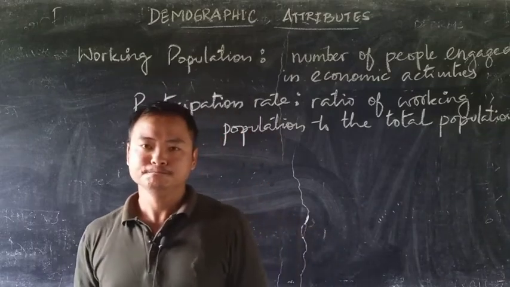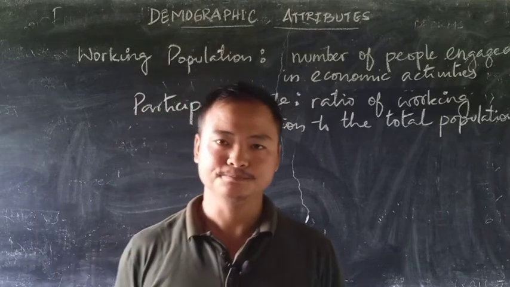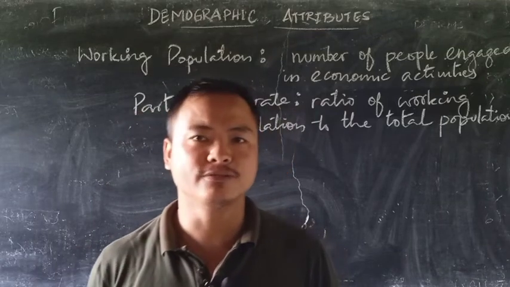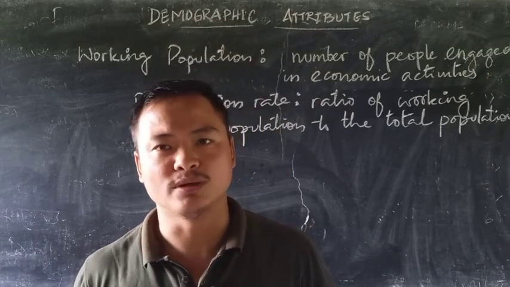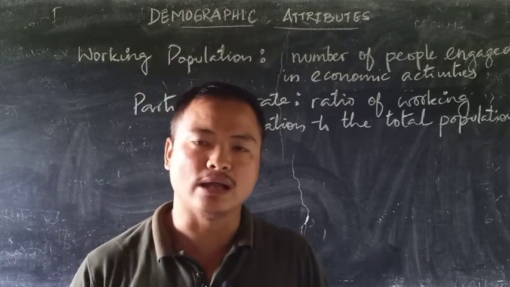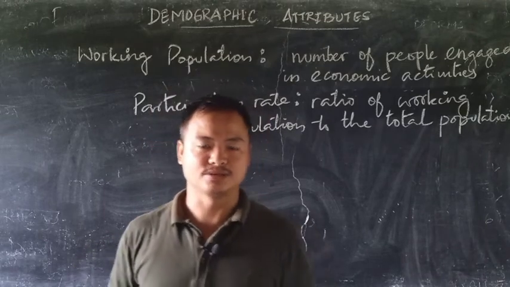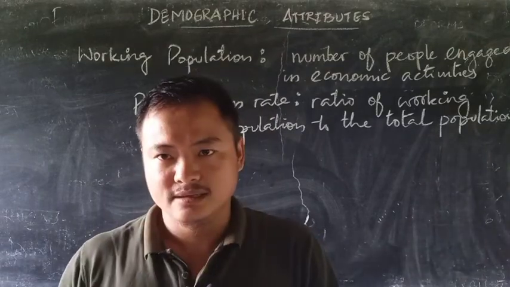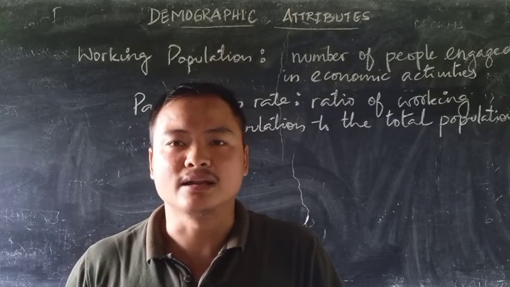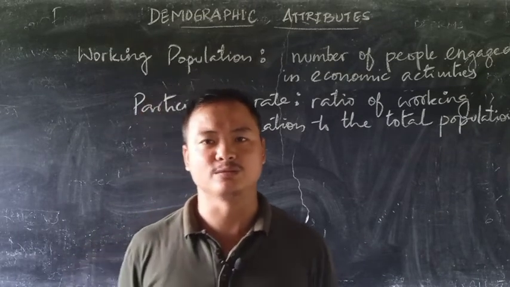That means, like I said, not every person is engaged in economic activities, but those who are involved out of the total population have participated in one or the other economic activities. So that number is regarded as the participation rate. This participation rate can be understood differently on the basis of male working population as well as female working population.